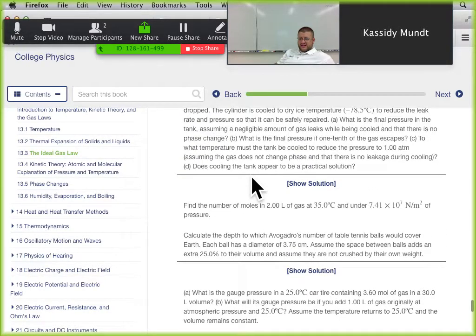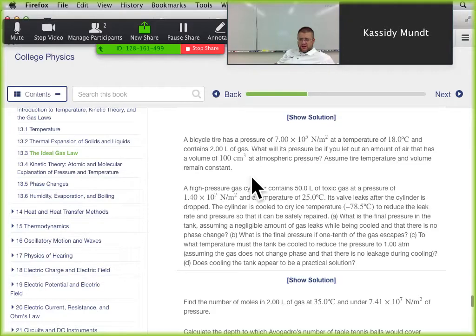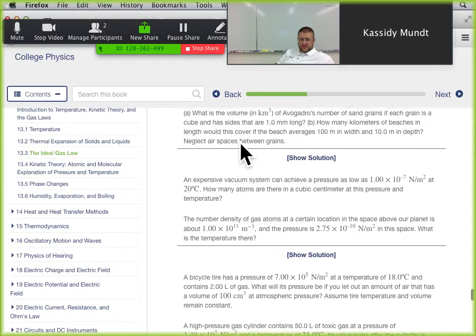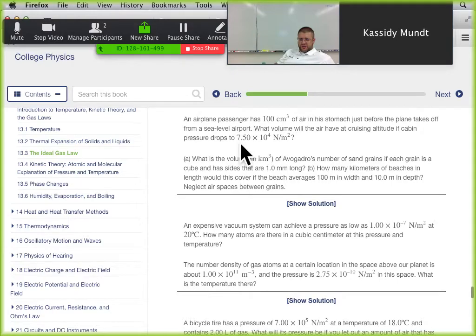Find the number density of gas atoms at a certain location in space. Then you're going to calculate the temperature with that many atoms and that pressure. And I think you wanted us to calculate the temperature in Celsius, Fahrenheit, and Kelvin. Okay.